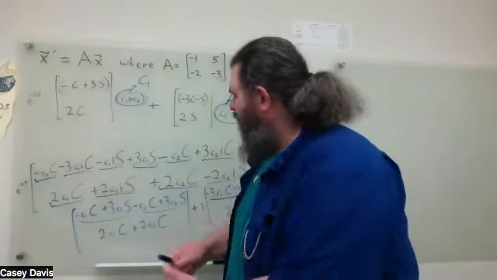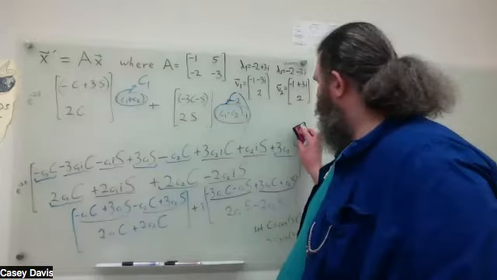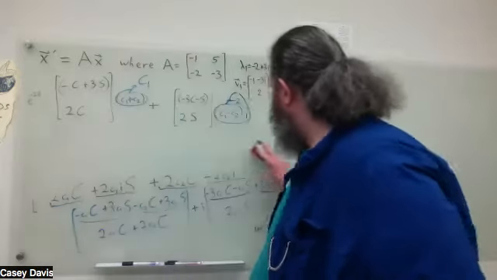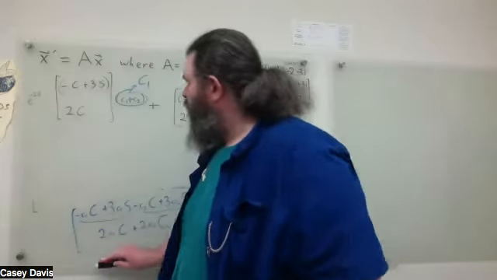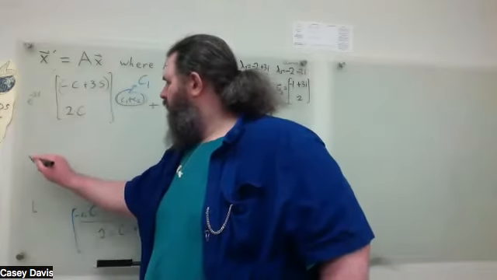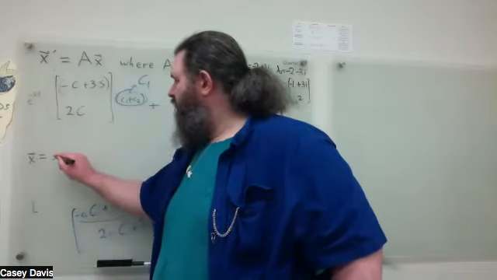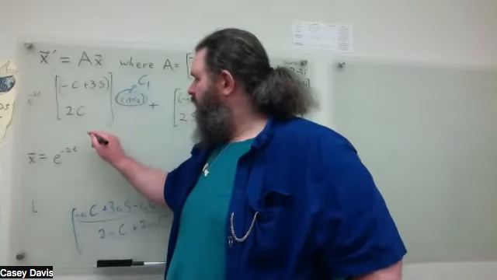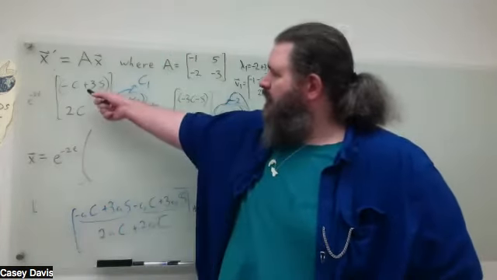So let's write out what we have so far. Complete. We've got x equals e to the -2t times, and let's go ahead and write this out.